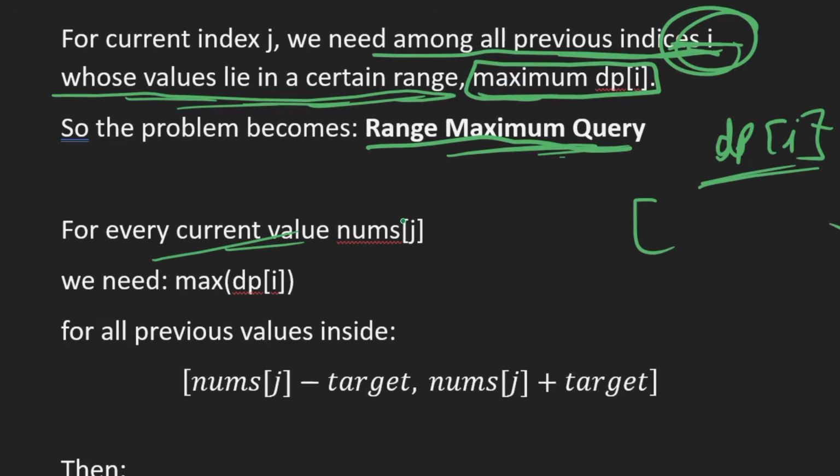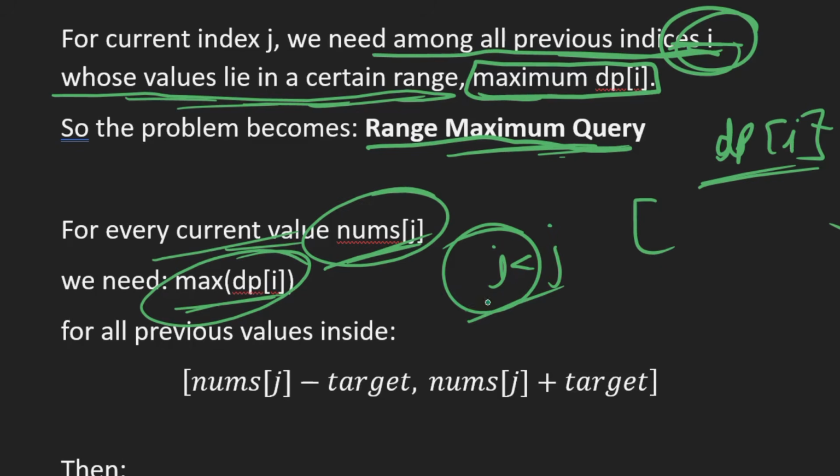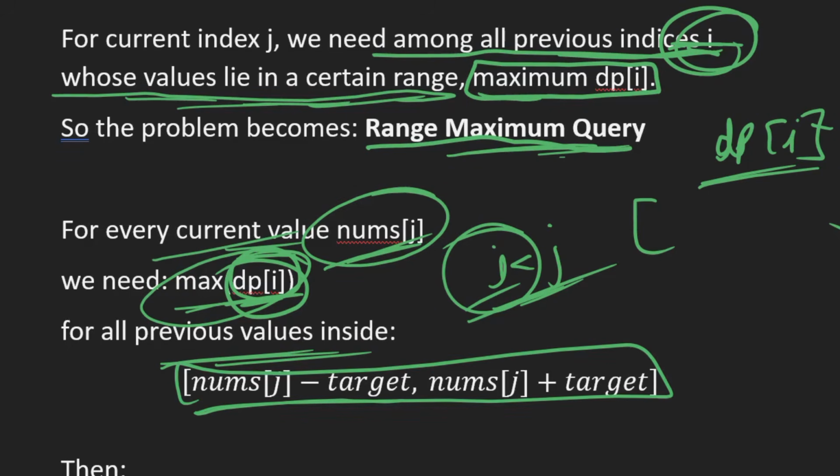For every current value, that is nums of j, we need the maximum value of dp of i. That means for all indexes i lesser than j, we want the index which gives us the maximum value of the dp, and also the nums of i value should lie in the range from nums of j minus target to nums of j plus target.